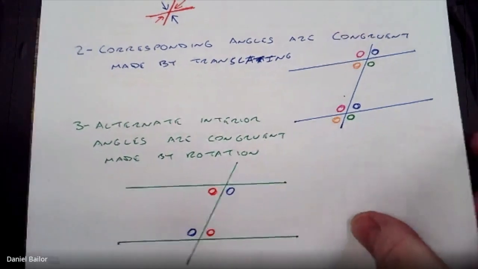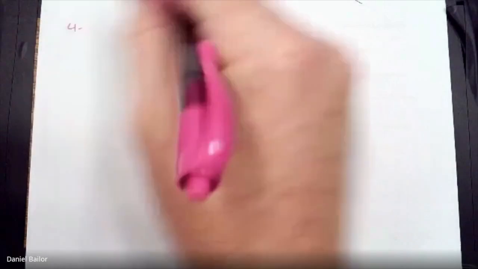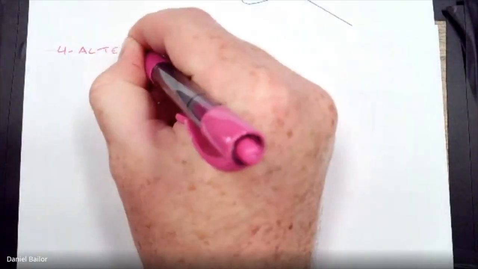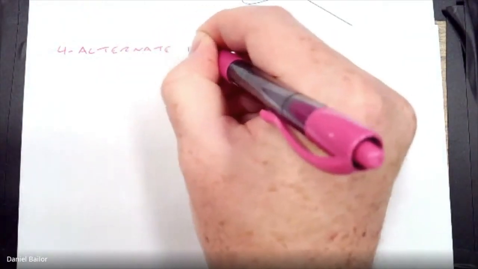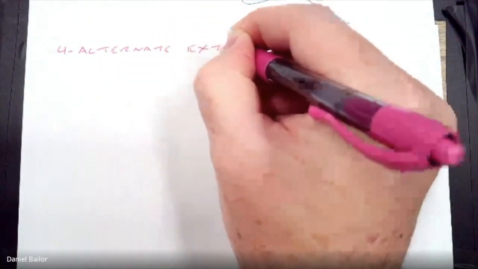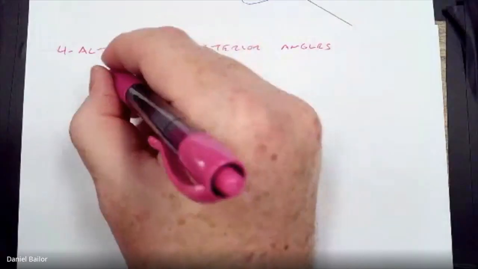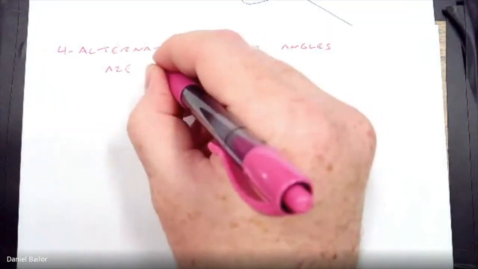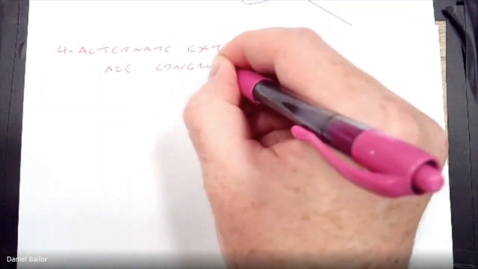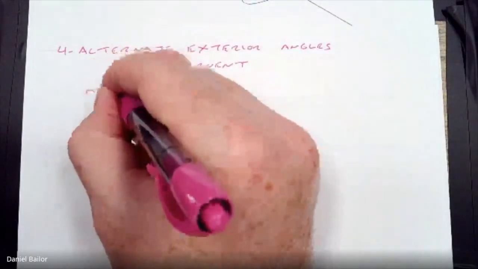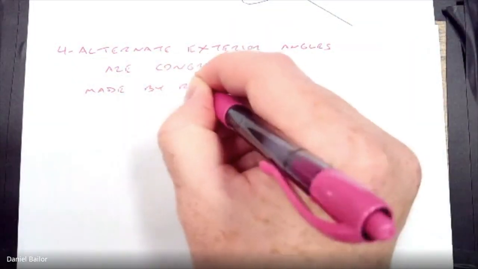The fourth vocabulary term we're going to need: we say that alternate exterior angles are congruent. And these are also made by rotation.